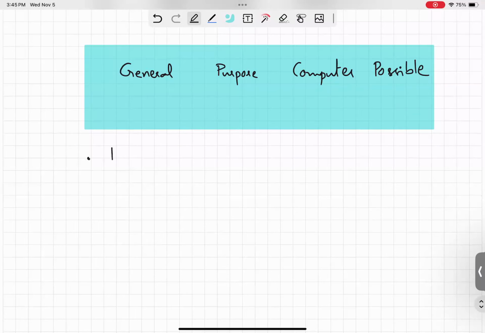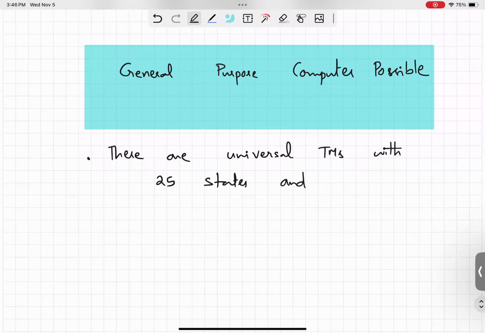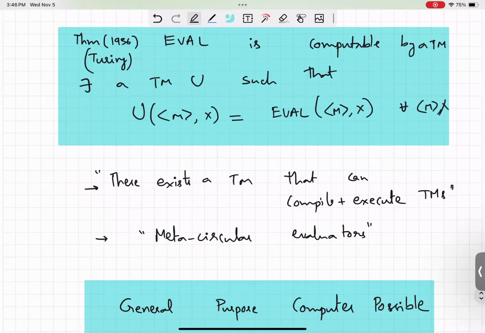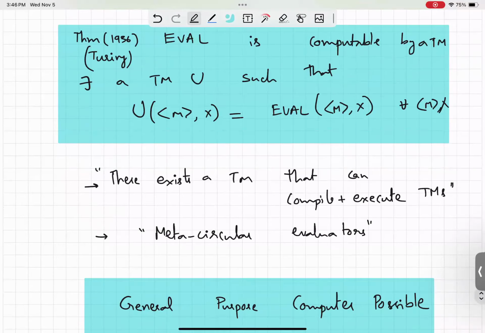But let me end by saying now we know there are universal Turing machines with 25 states and alphabet 0, 1, this. It's not at all clear why eval is computable.